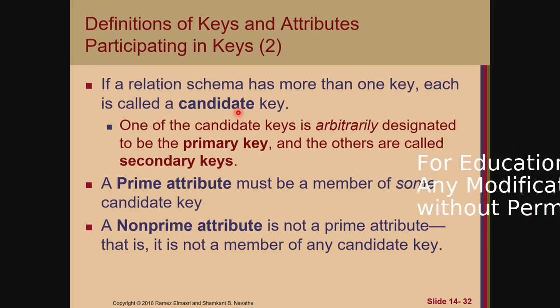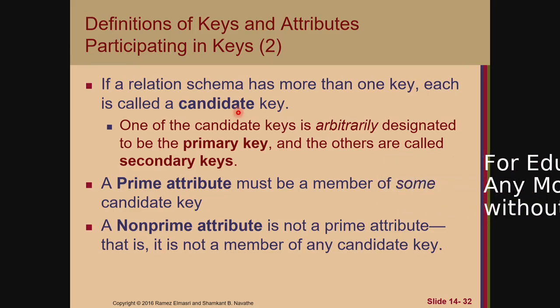Both of them can be a key of the table, so we call both of them candidate keys. One of the candidate keys is arbitrarily designated to be the primary key. You just select one of them to be the primary key, and the others we can call secondary keys. But before you select, we call them candidate keys. After you select, you can call them primary key and secondary key.